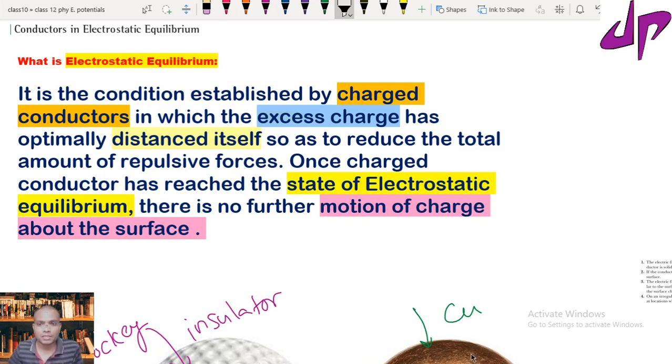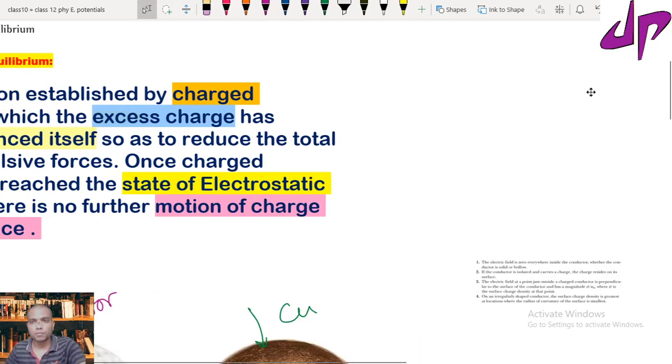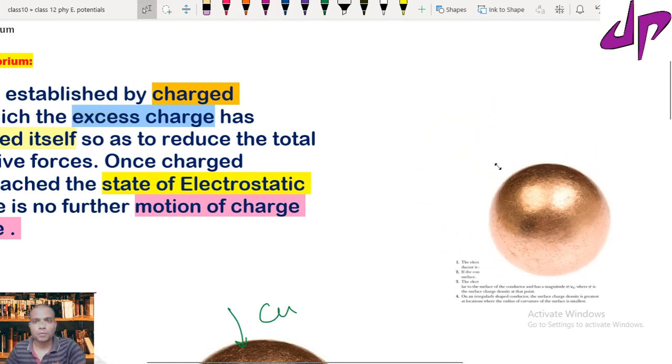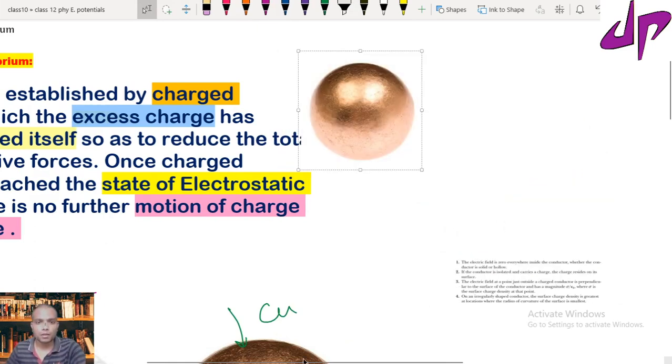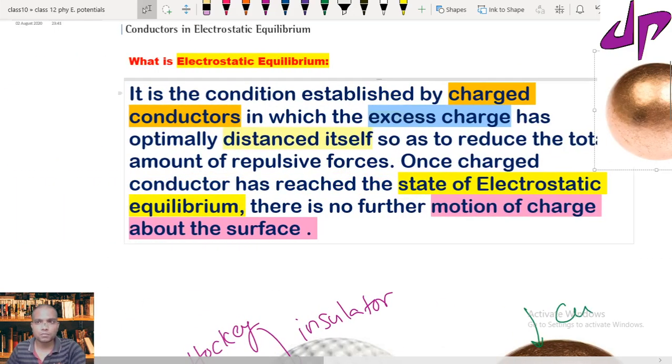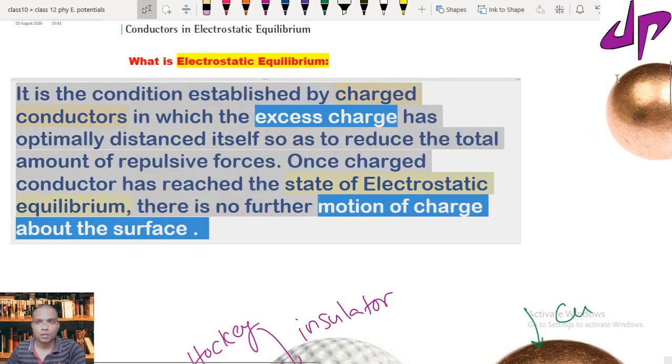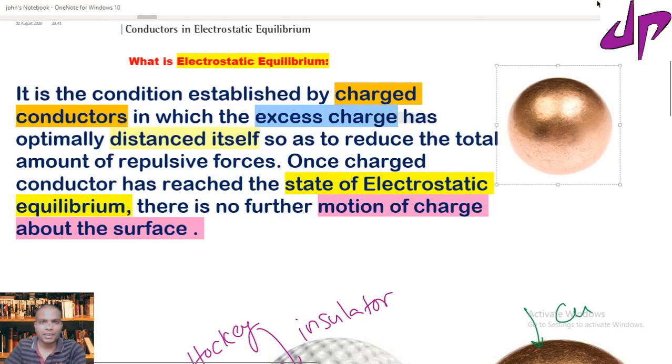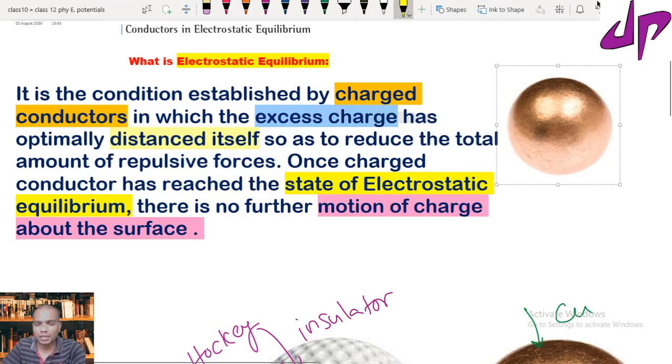So that definition says, suppose you take this copper material, and on this copper material you give an excess charge, say negative electrons.